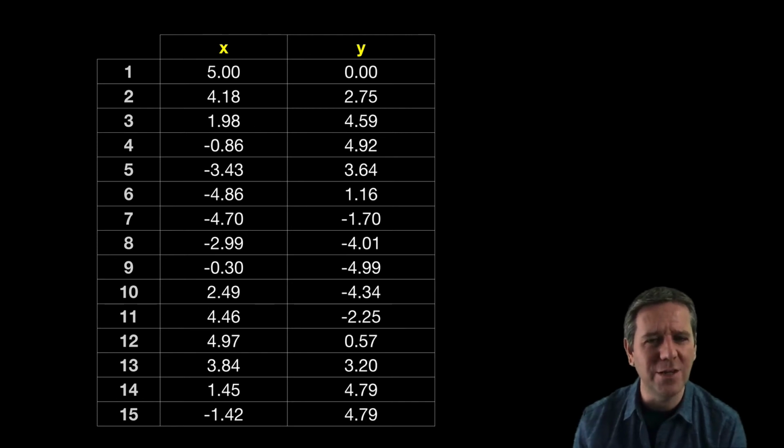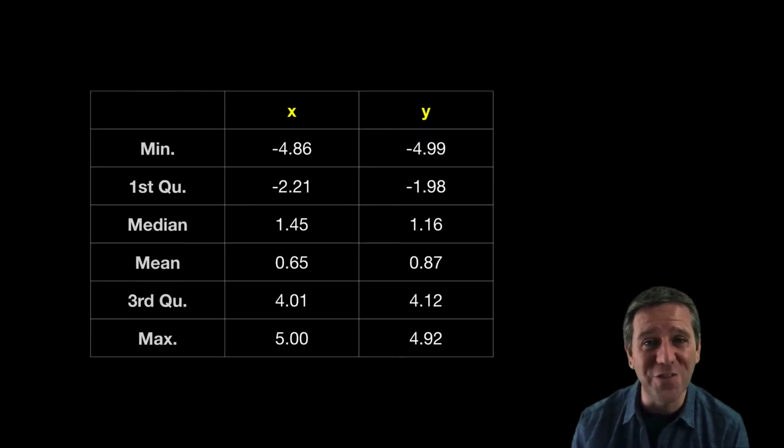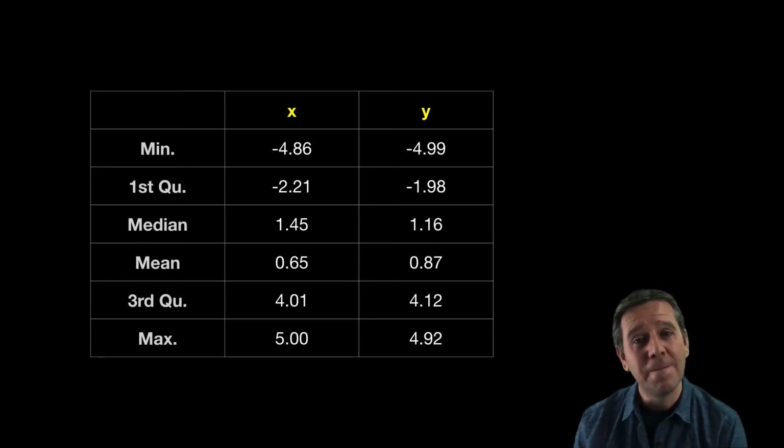Now it is going to take you, and it's going to take me, some time and effort to stare at this and figure something out, even for this small data set here. You might be motivated, and this would be a good motivation to have, to calculate some summary statistics to help us out here. That's a sensible thing to do. And it does indeed help to some extent in this case.